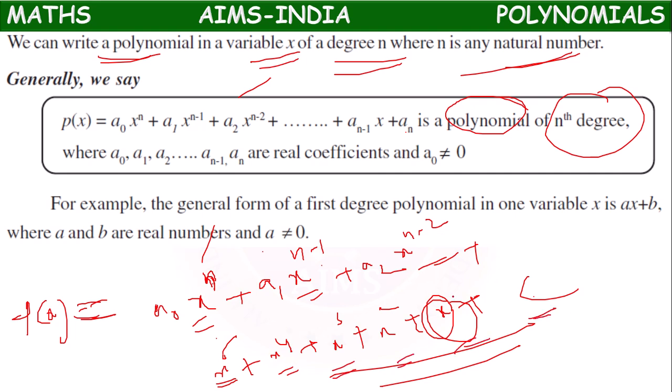The first coefficient we have taken as a0 for the first term. Coefficient a1 we have taken for the second term. Coefficient a2 we have taken for the third term. And what coefficient is to be taken for the constant term? It is the term before.